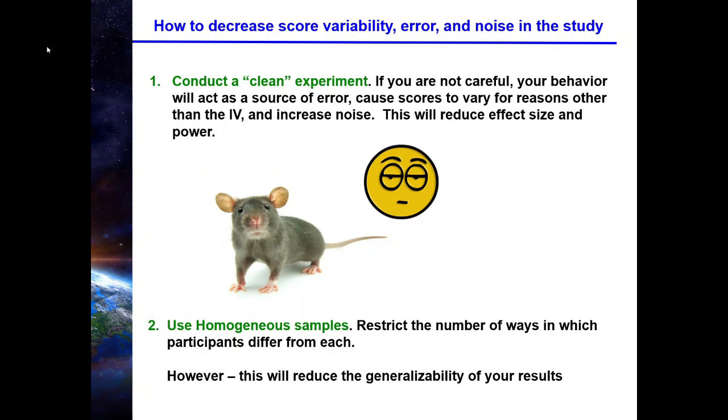So if all of our participants are very different from each other, within, let's say, the coffee drinkers, we can expect scores to vary a lot, right? And the same thing, if we look within the non-coffee drinkers, if the participants are very different from each other, those scores will vary a lot as well. So with all that increase in variability, we're going to see a drop in the relative effect size, okay?